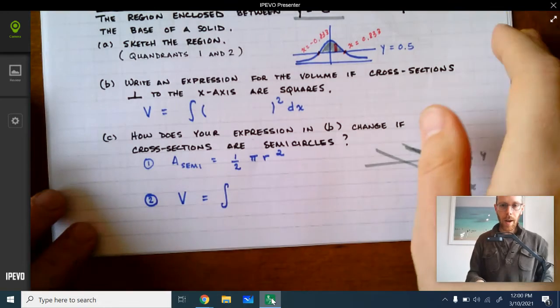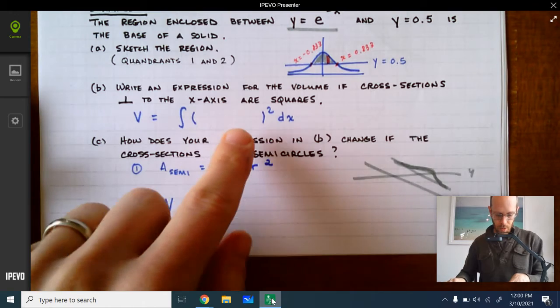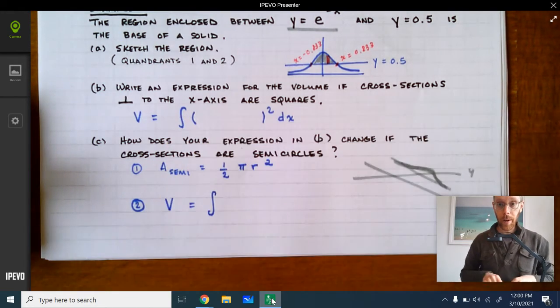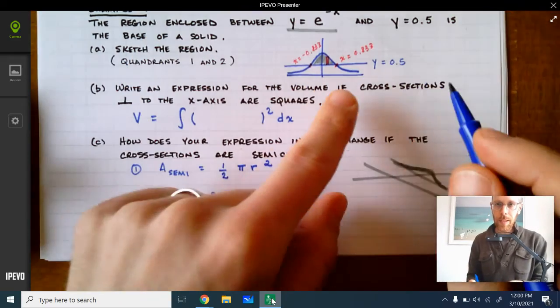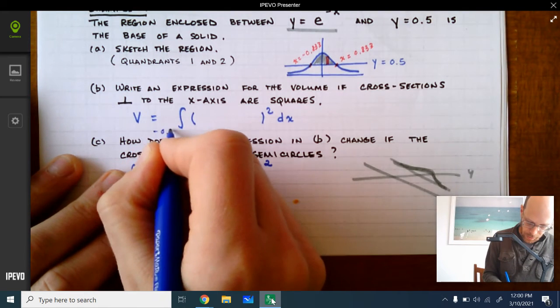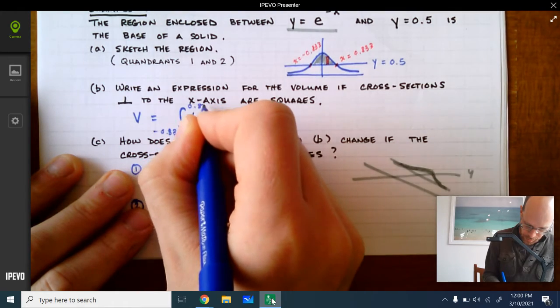All right, and here we go. How did we do? I'm taking a look at B. It says that the cross sections are squares, and the formula for that is side squared. I graphed the data and found that the points of intersection are here and here. So the lower bound should look like this. The upper bound should look like this.